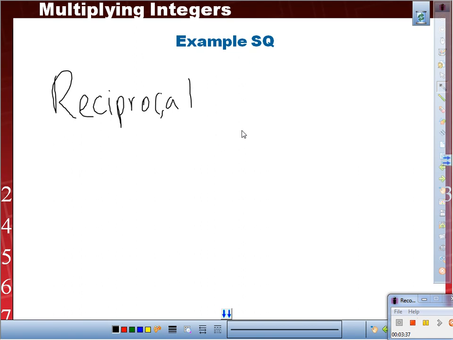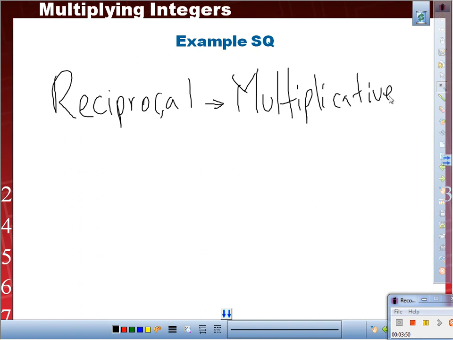Okay? Or some of you are like, doesn't really sound okay. How about multiplicative inverse? Does that ring a bell? They're both the same thing. So what is the reciprocal? Just to refresh your memory, here it goes, I'm going to go over it.